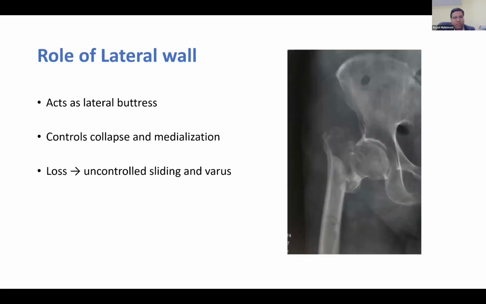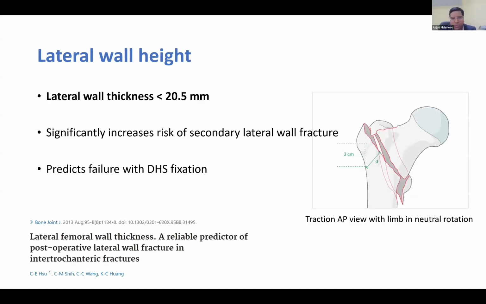The lateral wall acts as a buttress. It controls the collapse and medialization. If it is lost, there will be uncontrolled sliding and varus deformity. We keep talking about this: lateral wall thickness less than 20.5 millimeter, measured usually 3 centimeter below the innominate tubercle at an angle of 135 degrees. If it is less than 20.5 millimeter, then it is unstable and significantly increases the risk of secondary lateral wall fractures.